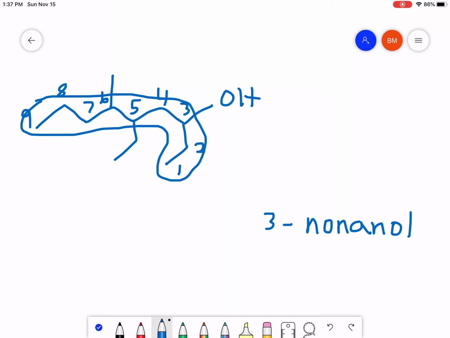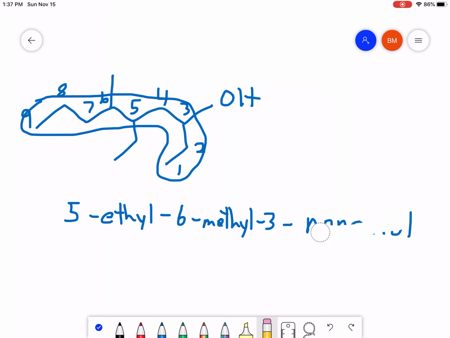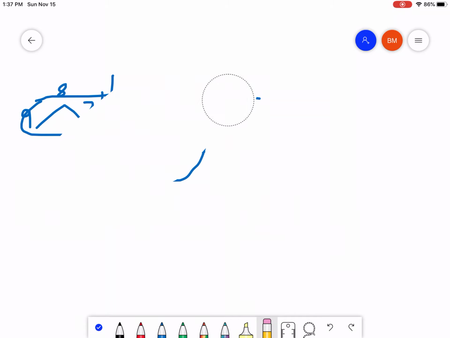So let's just put them in alphabetical order. It's going to be 5-ethyl-6-methyl-3-nonanol. Not too hard. Again, just apply the rules as they're given and they should turn out okay.